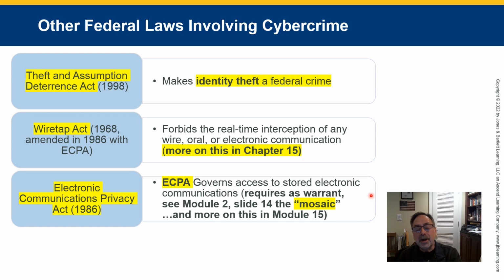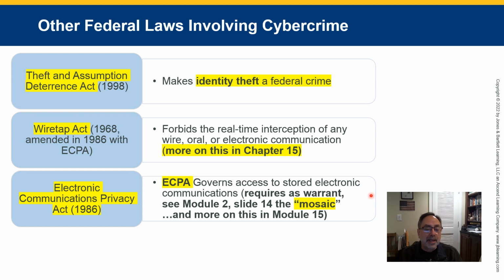And we talked about this in Module 2 on slide 14 when I created that mosaic, that spreadsheet of all of the different laws that protect us or are supposed to protect us from our government spying on us. As you may recall, it's very complicated, from the Patriot Act, the Freedom Act, FISA, and the FISA amendments.